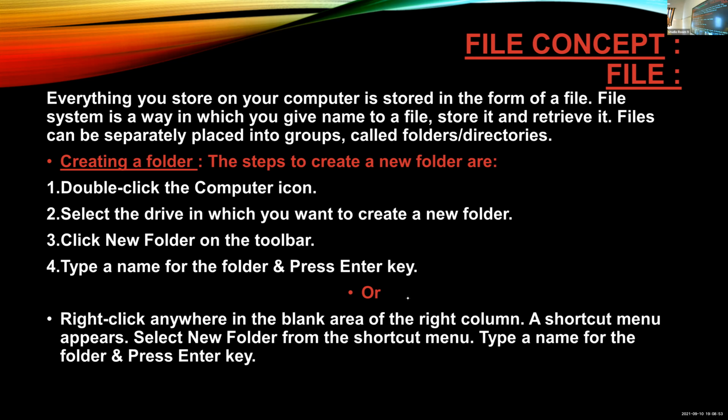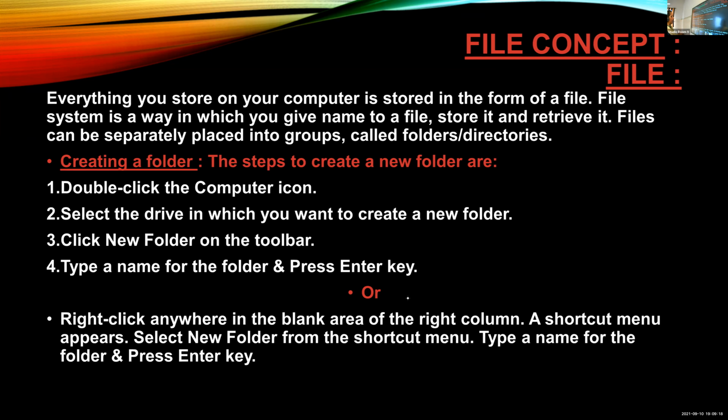Files can be separately placed into groups called folders. We are storing all the files in folders. We keep almost all the files in different folders. We can name our folder with our name, or give a particular name to a folder like ABC, or New File.